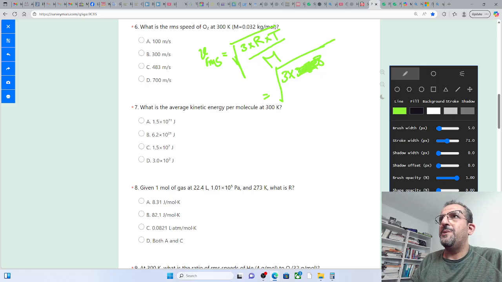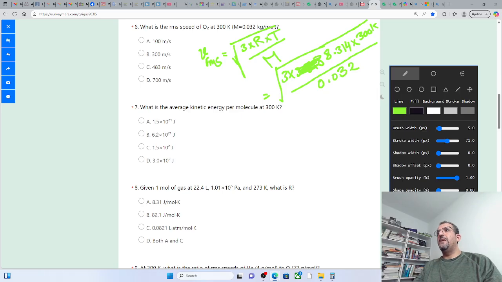So we have the square root of 3 times 8.314, and then times the temperature, which is 300 Kelvin, and we divide the whole equation by the molecular weight, which is 0.032. Okay, I will double check the units of the gas constant.